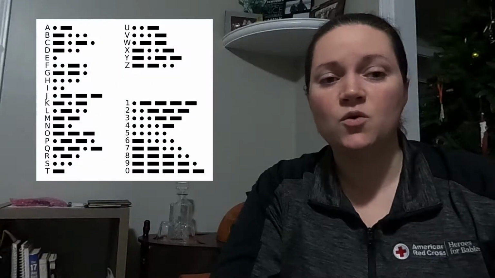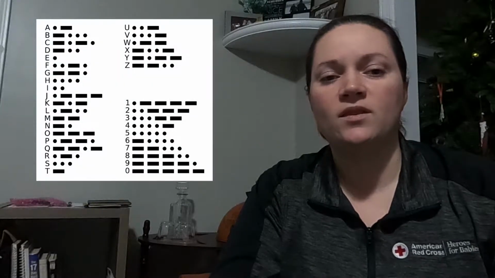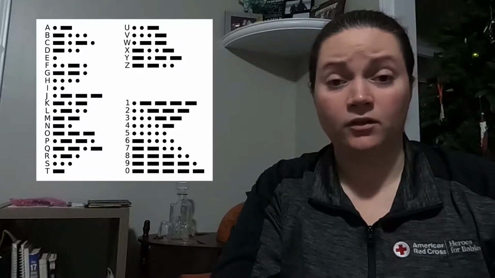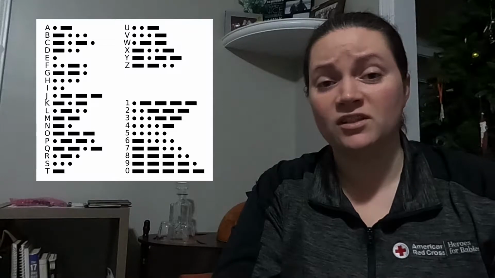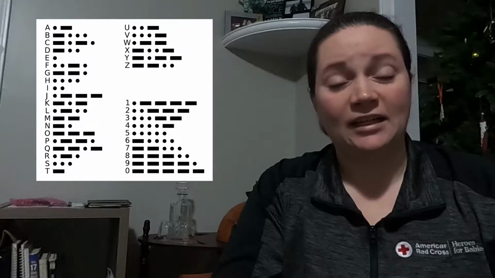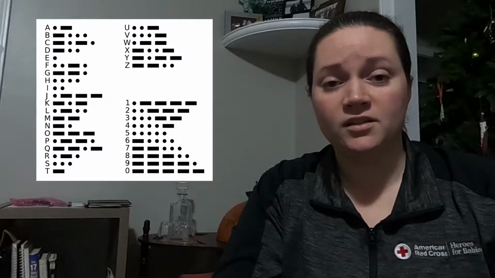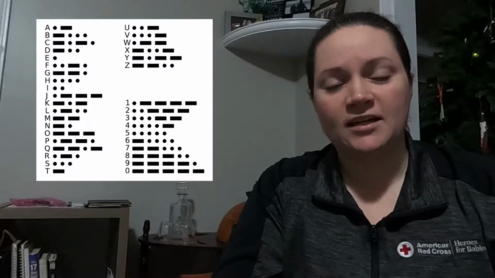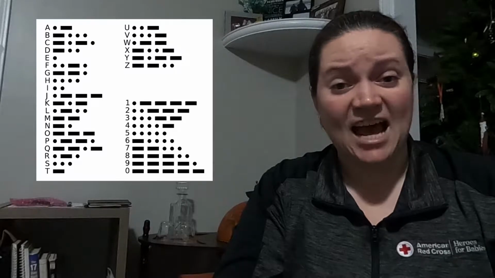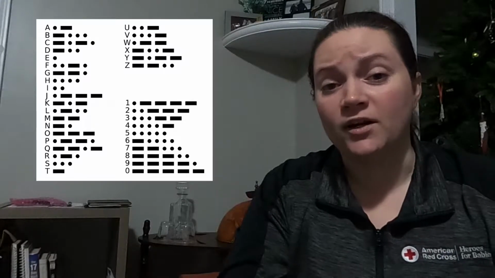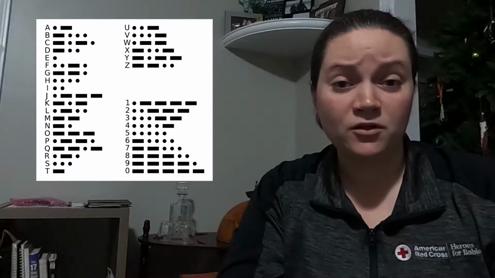So what is Morse Code? Morse Code is a code in which letters are represented by a series of long and short signals that can be expressed either in light or sound. In other words, it uses a series of dots and dashes, and depending on what order they're in, they represent different letters or numbers.